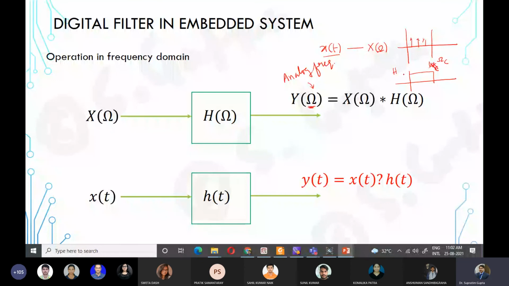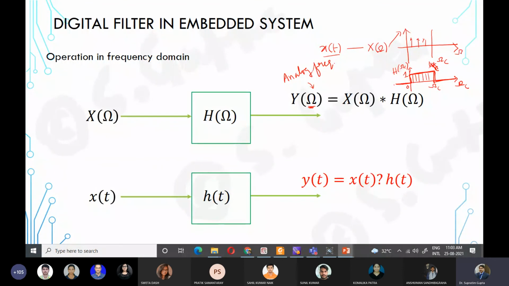So effectively we are taking a rectangular window in this zone, where from 0 to omega c we have only the value 1, and this is our X of omega.